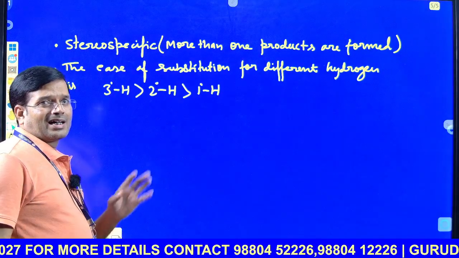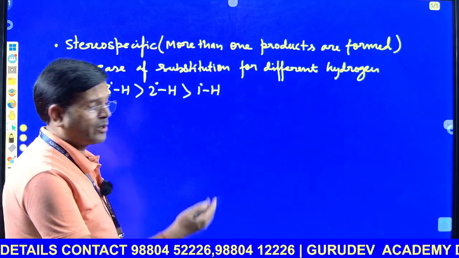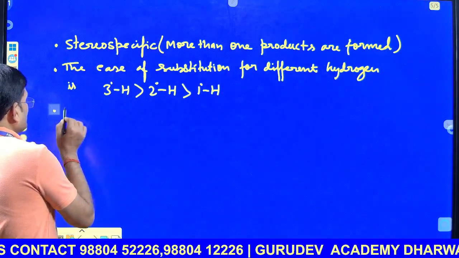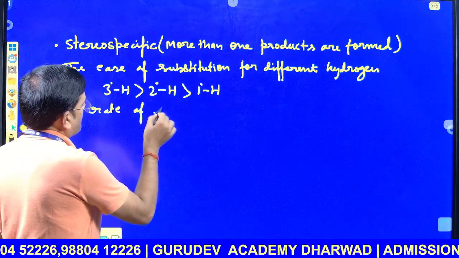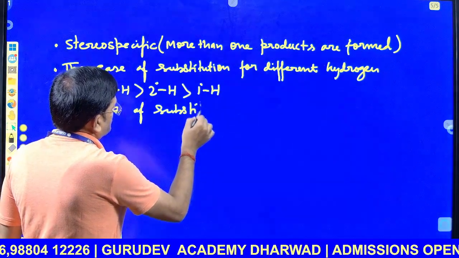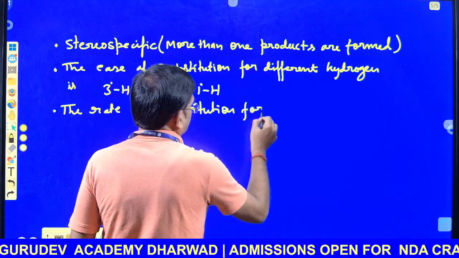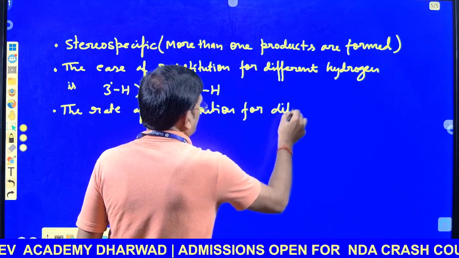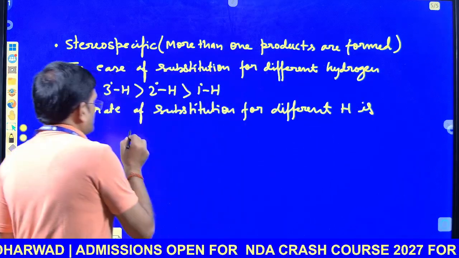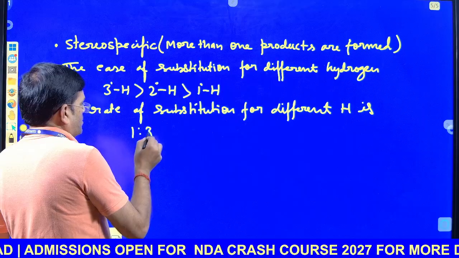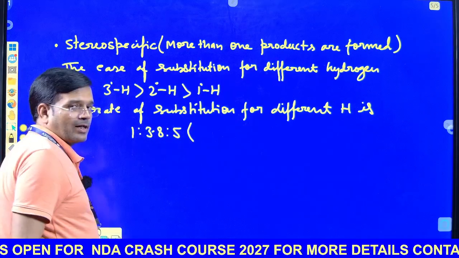So if there are at least 3 types of hydrogen, at least 3 products will form. We will see the cases later on. The rate of substitution for different hydrogens is, just see, 1:3.8:5. This rate is determined from kinetics.